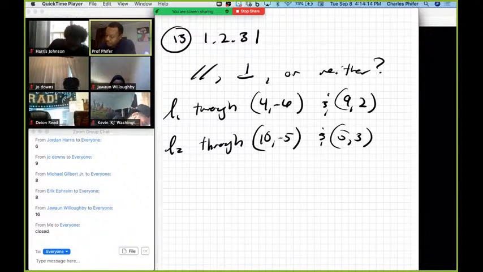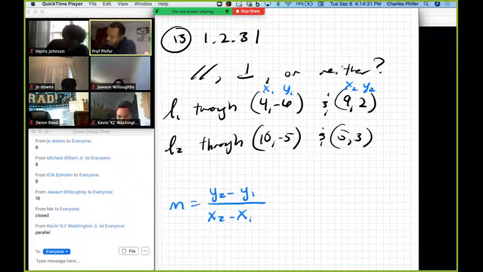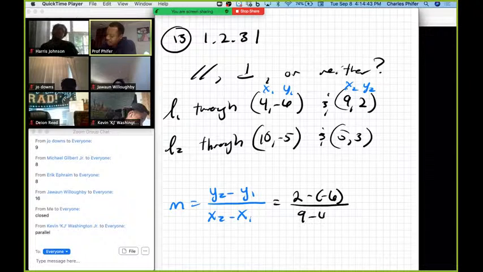If we're going to be finding the slope, then we can do y2 minus y1 over x2 minus x1, right? So I'm gonna just label them all like this: x1, y1, x2, y2, right? So the first slope is going to be 2 minus -6 divided by 9 minus 4. That's 8 over, what is that, 5, okay? That's the slope of the first one.